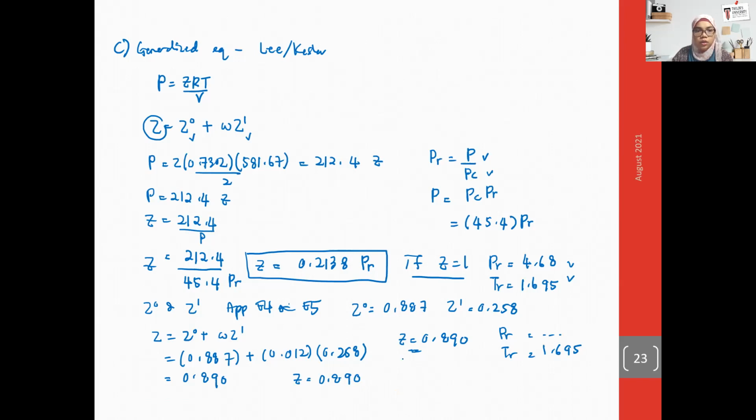I think that this is almost similar, because 0.89 and 0.997 are almost similar, right? So Z here is 0.890. So P equal to ZRT over V. So we can get P here.